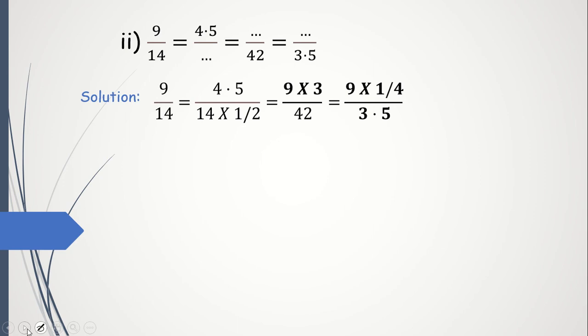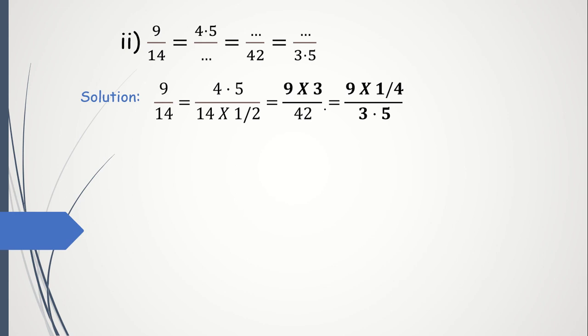So let's just see once again. 14 multiplied by what gives me 42? In this case, I had got 0.5 because here 4.5 was there. So 9 multiplied by what gives me 4.5? I had got 0.5 over here. And in this case, 9 multiplied by, here down we have 42.